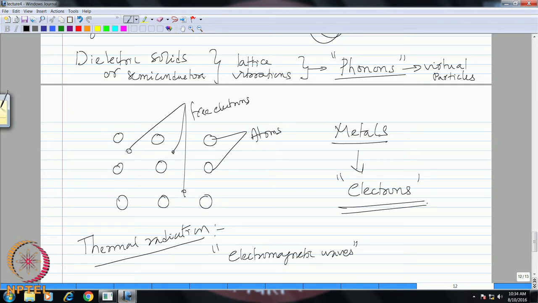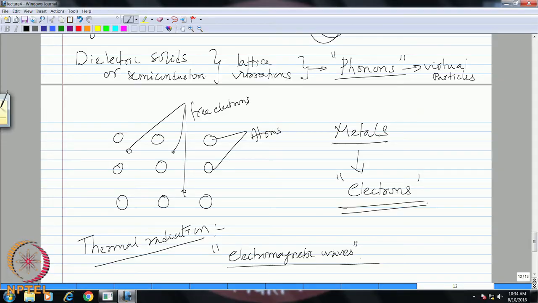This is the oscillation of these electromagnetic waves, particularly in the bandwidth which is radiated by the sun, starting all the way from UV, visible, infrared and long wavelength infrared. All this together falls under the thermal radiation band.